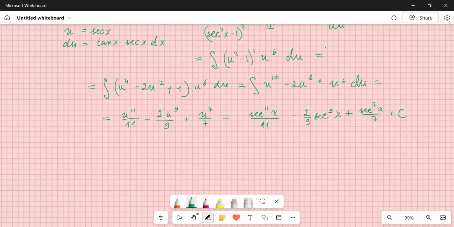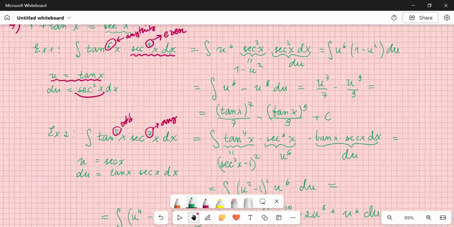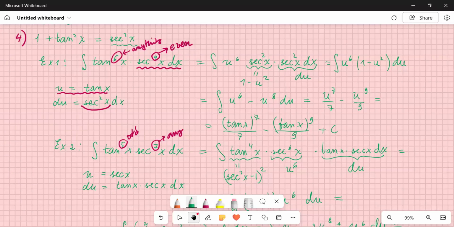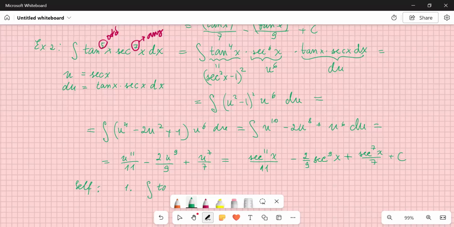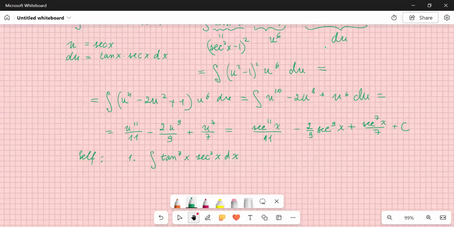But before we go to these special cases, we are going to consider some self-problems. Let's label them as 1. And I want to create many problems of a similar type. Let's do something like, okay, this problem is probably too easy.